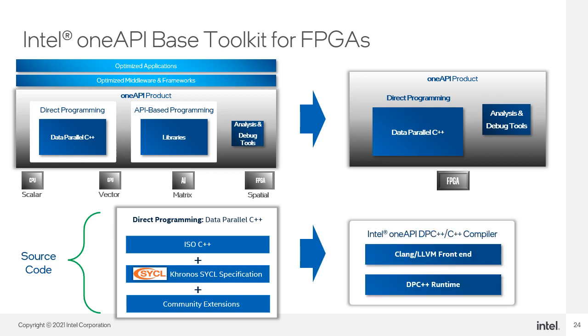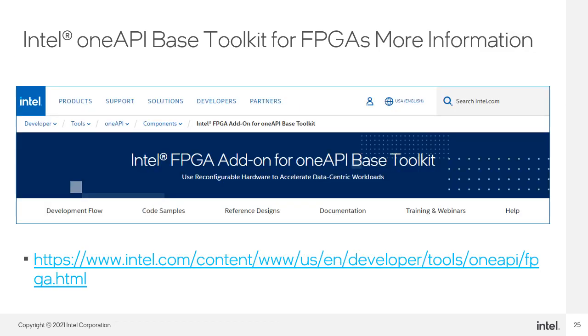Quartus is provided under the hood as well, with LLVM providing the layered approach framework for developing the tools. There is a runtime based on DPC++, which takes care of data passing from the host to the various devices being targeted for acceleration. Check out the web page located here for more information on the Intel oneAPI-based toolkit for FPGAs.